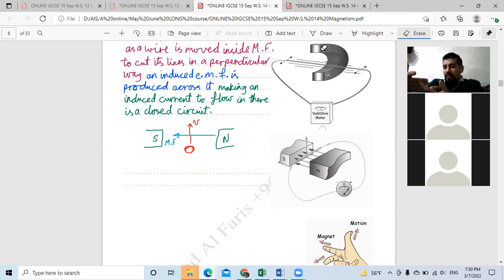Look, where's the direction of the current? It's out of the page, coming to me. Not into the page, out of the page, coming to me. So this is the direction of the first finger from north to south. This is the direction of the current. So the direction of the current will be out of the page, like here.